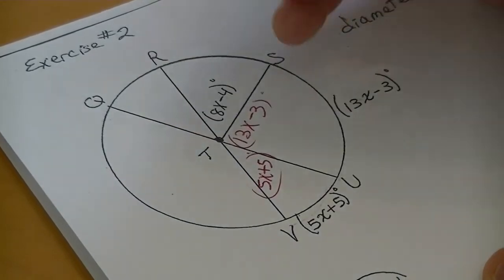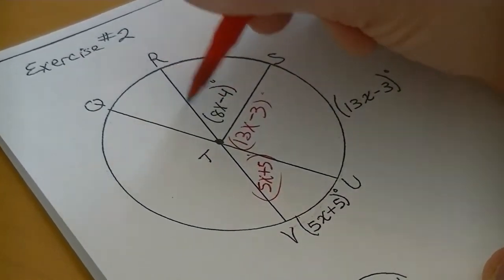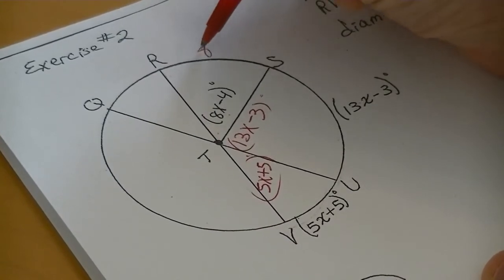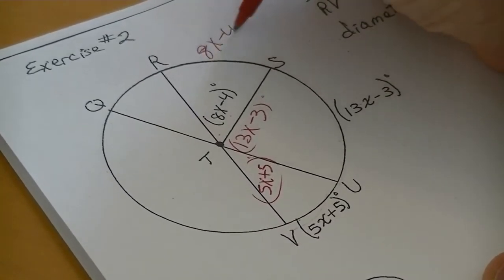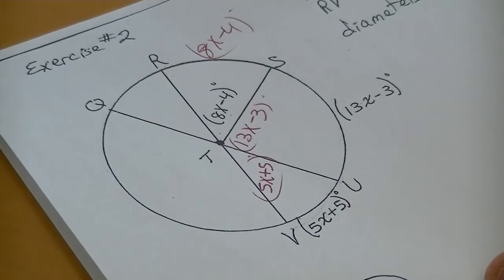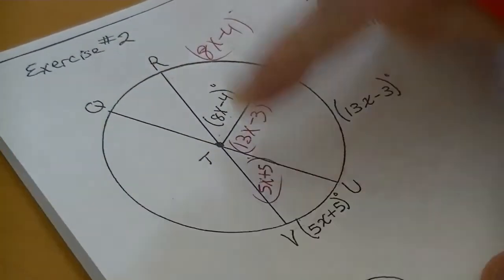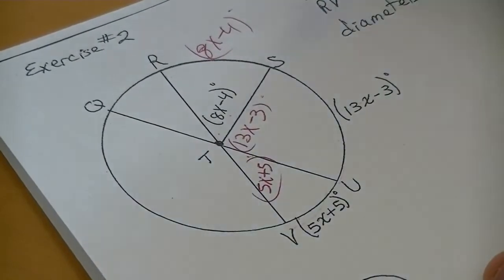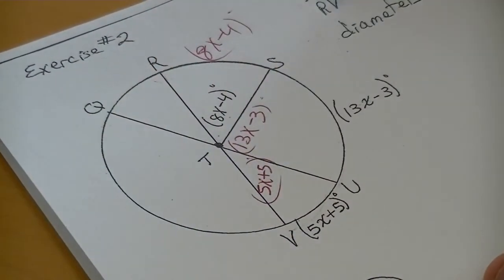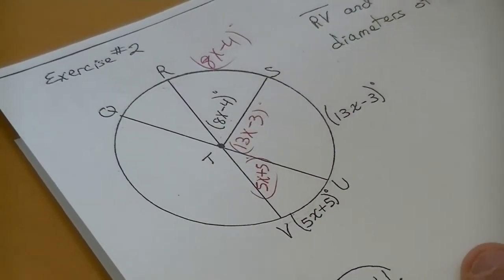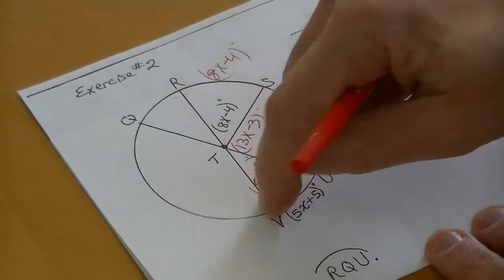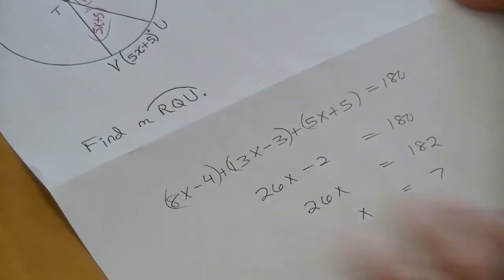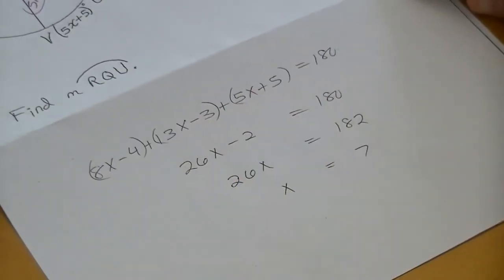The other way to think about this, which is really the same thing, is to say, well, this central angle was given, so I know that its arc measures 8x minus 4. And then we could look at these three arcs and say, well, that's a semicircle. If that's a semicircle, because it says that this is a diameter, we've got a chord passing right through the center of the circle. So I know these have to add up to 180. So either way, you should have had this equation, that the three arc measures add up to 180.